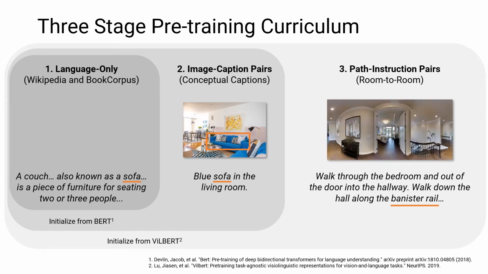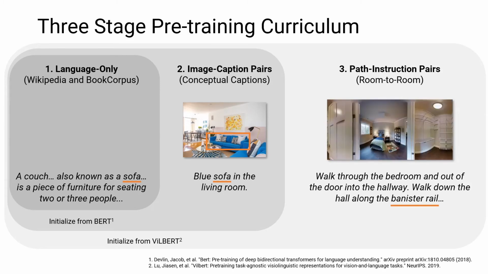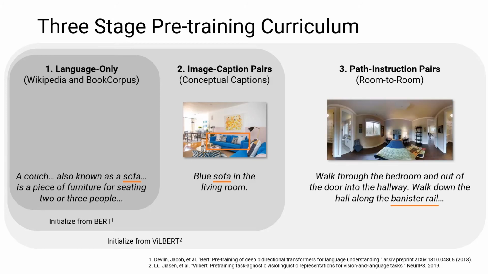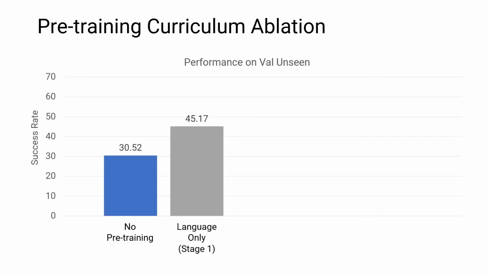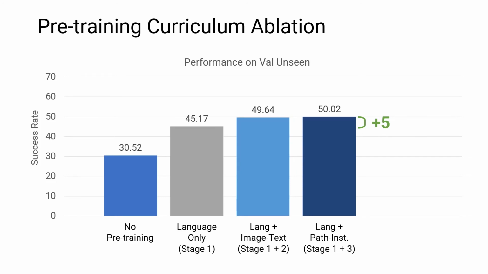We perform stage-wise ablations and find that each of these stages add value. First, we find that the language-only pre-training in stage 1 improves performance over a no pre-training baseline. We also find that independently, stages 2 and 3 lead up to another 5 absolute percentage points of improvement.